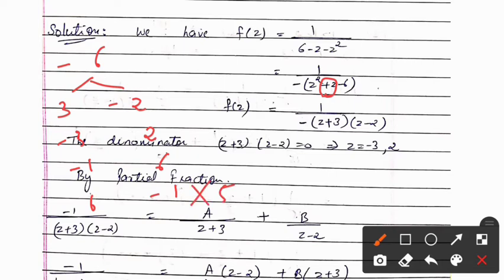Again, minus 1 plus 6 will be plus 5, so again this one will be eliminated. Minus 3 plus 2 will give you minus 1. Again, this is eliminated. So the only one left is 3 and minus 2, and 3 minus 2 is plus 1. So we are getting here plus z. So using only this factor, I can write this as z plus 3 into z minus 2, right?